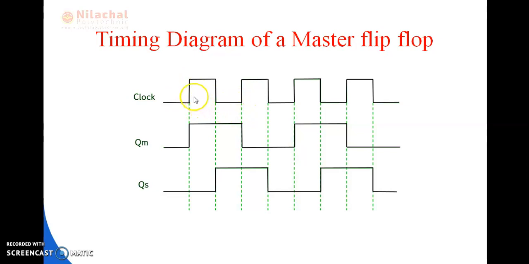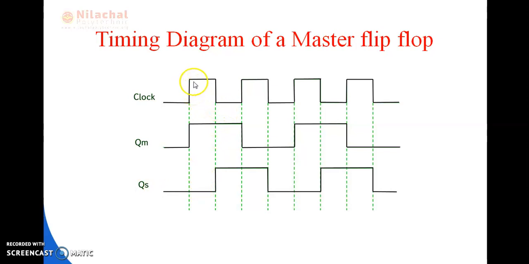So when the value is high, at that time the output of the master flip-flop is high, but the output waveform of the slave flip-flop is low.